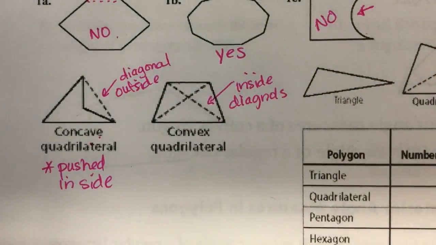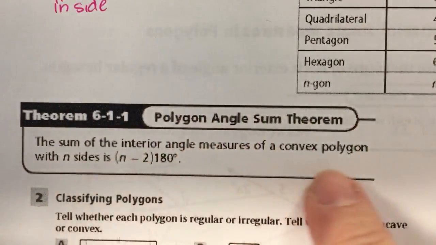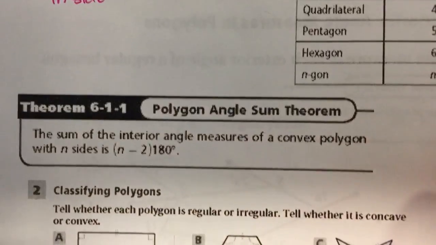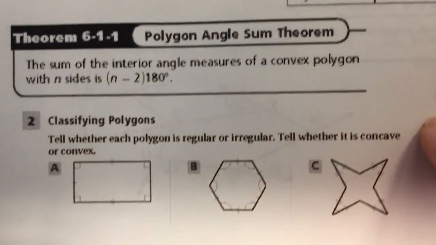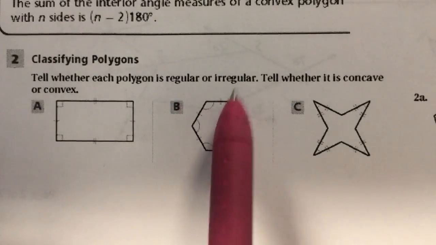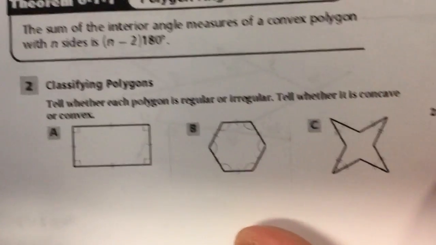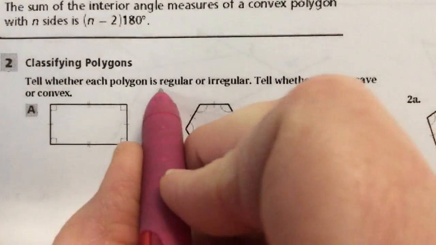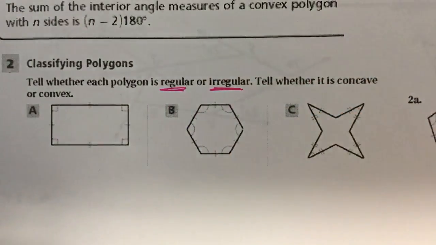All right, so here we go. This little part right here is going to go with what's on the back. We'll talk about that in just a minute. It's kind of out of order. So let's go down here and decide whether or not these are convex, concave. Something we didn't talk about right off the bat was regular and irregular.